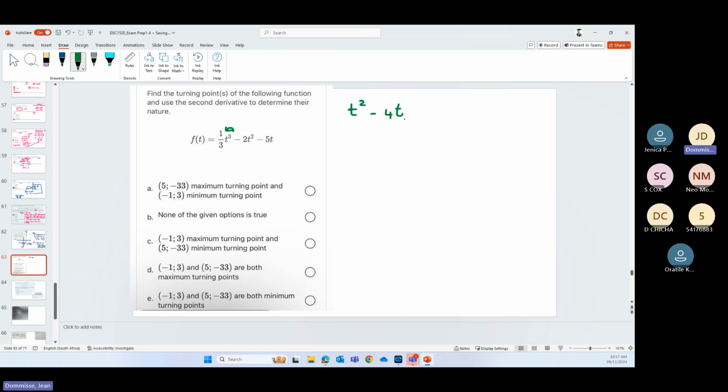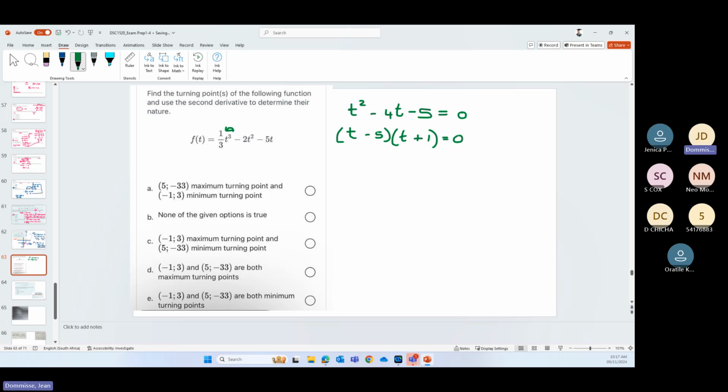Minus 5 times 1 is minus 5. It is nice numbers: 1 will be minus 5, 1 will be plus 1.